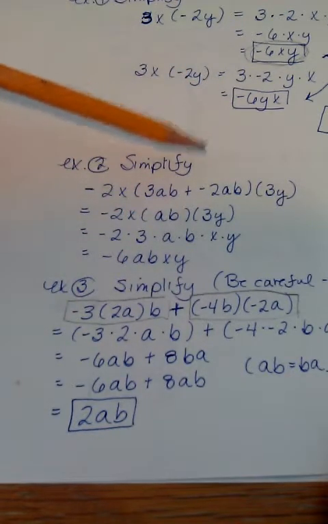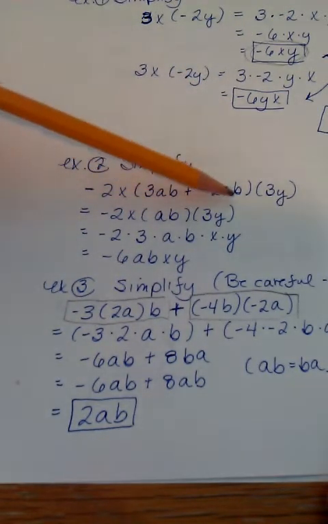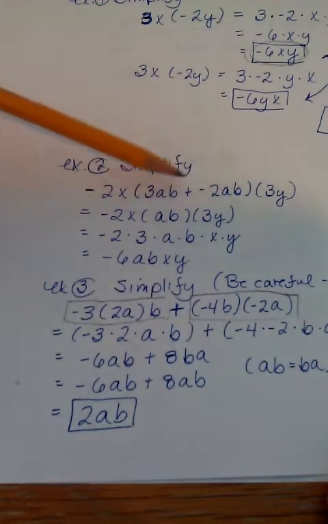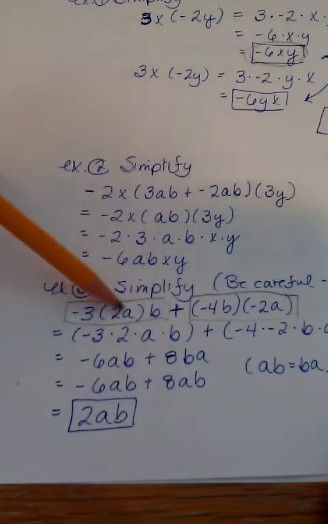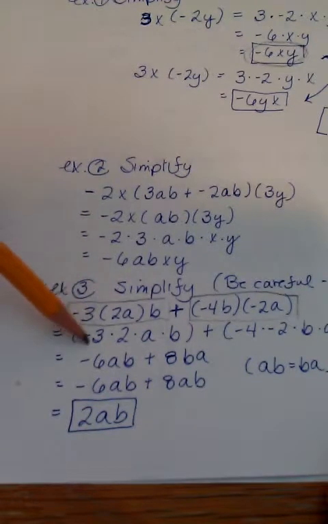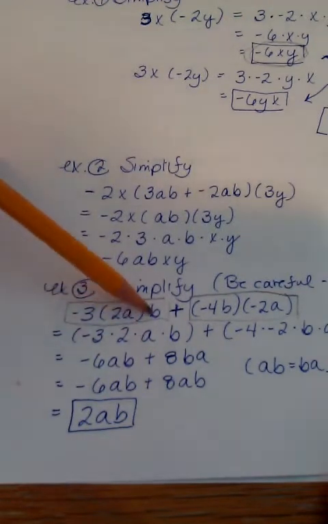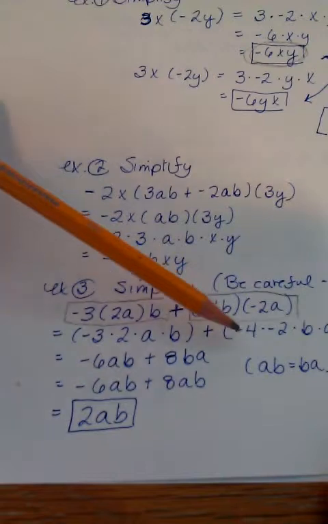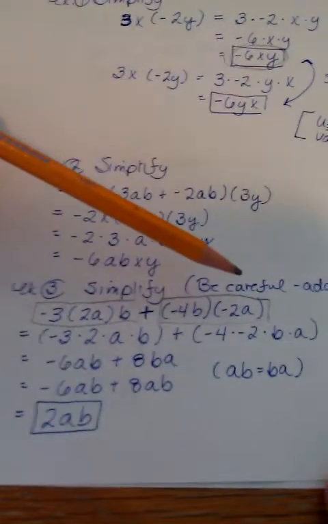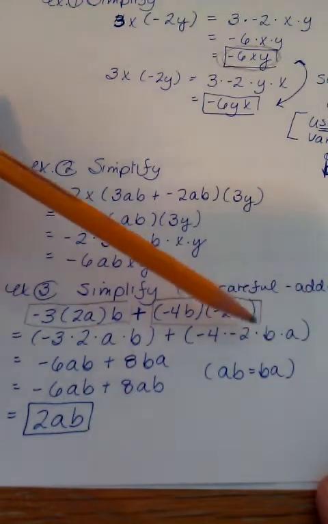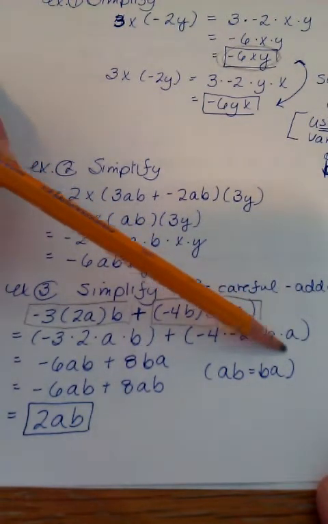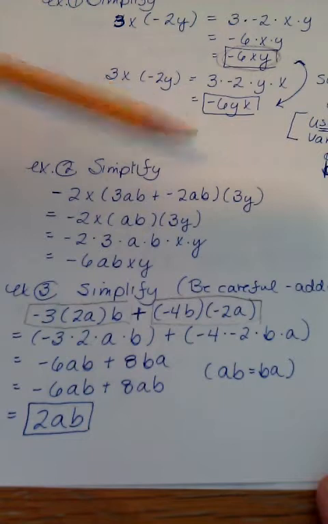Because unlike the last problem where they were in parentheses and I could see that they were both ab, and I could combine them right away, this time I'm going to rearrange them first. So I go negative 3 times 2 times a times b, and here I'm going to have negative 4 times a negative 2 times b times a. But really I can rewrite that and say b times a is a times b.